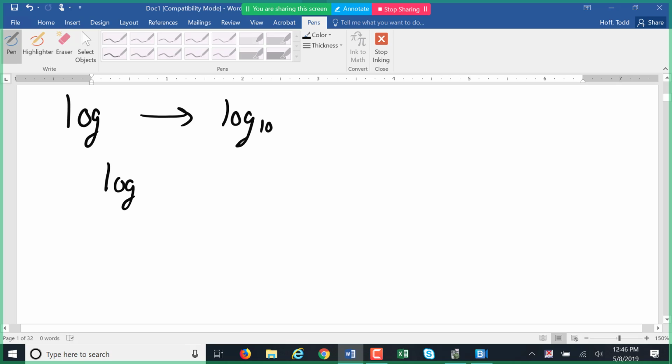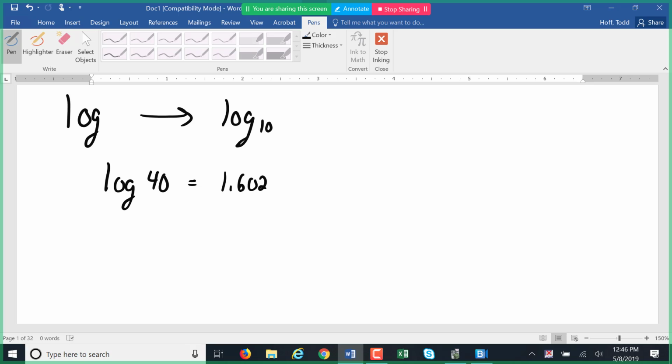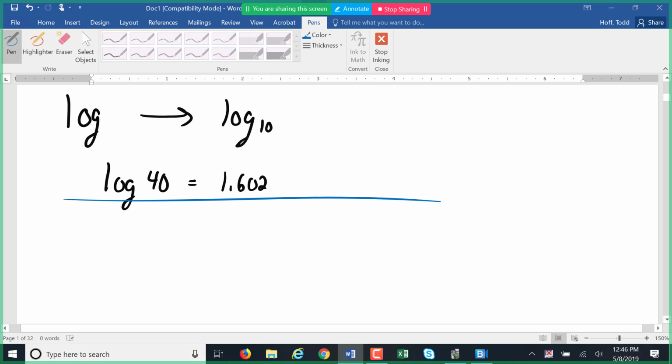If you have your calculators handy, try to put in the log of 40. You get 1.602? Yep. Perfect. Anybody that's not able to get that to work out?